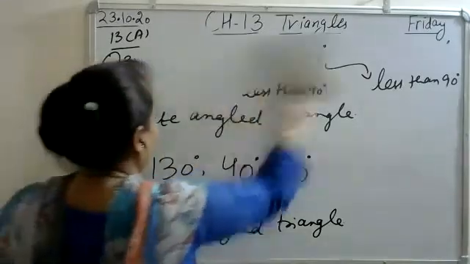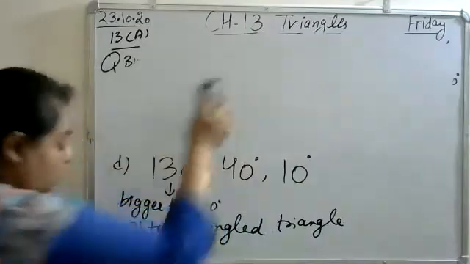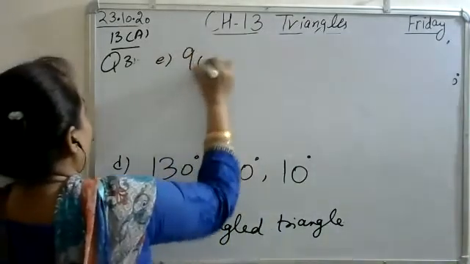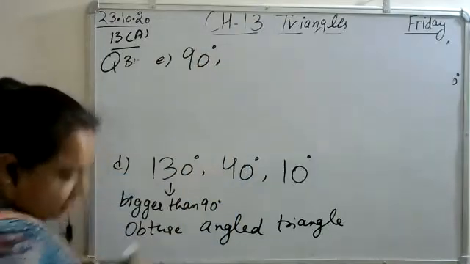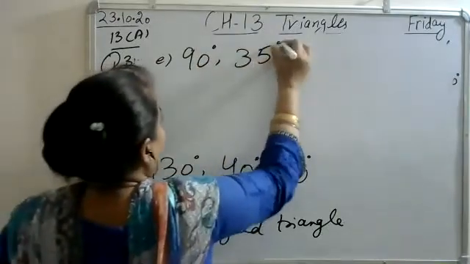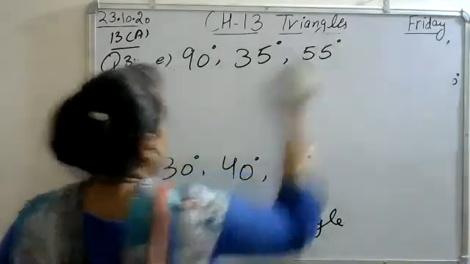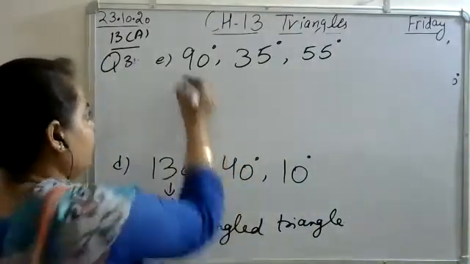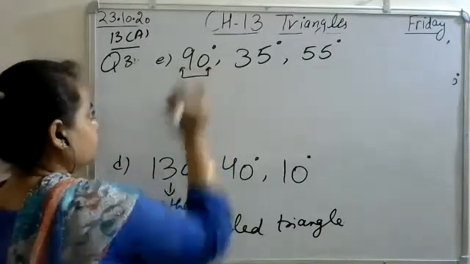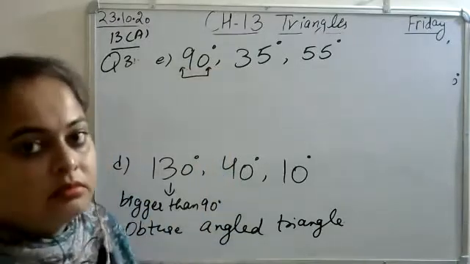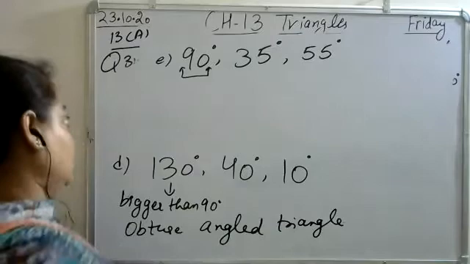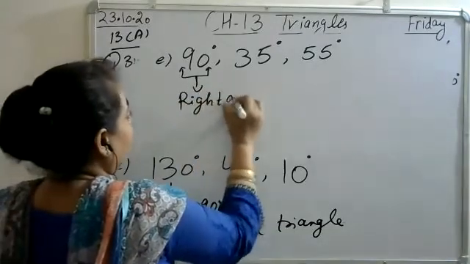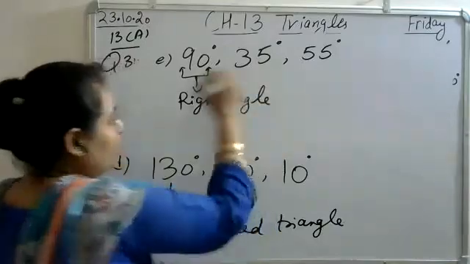Now tell me how. Give me the explanation. E part is 90 degree, 35 degree, 55 degree. What is the name of 90 degree? Ma'am, right angle. Okay. Right angle. तो फिर ये acute angle है.